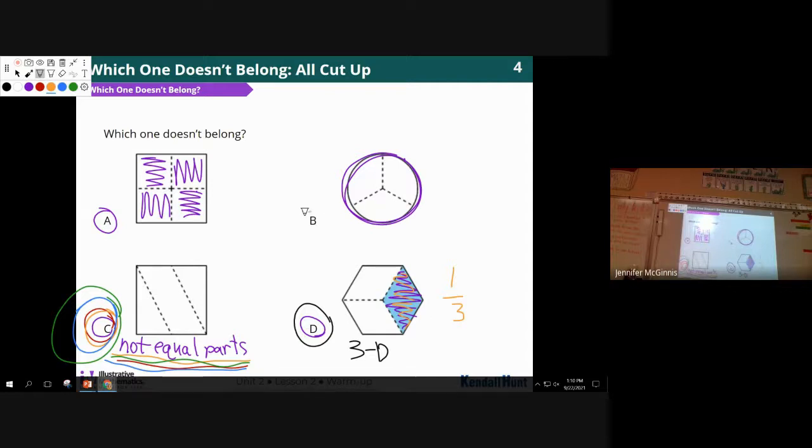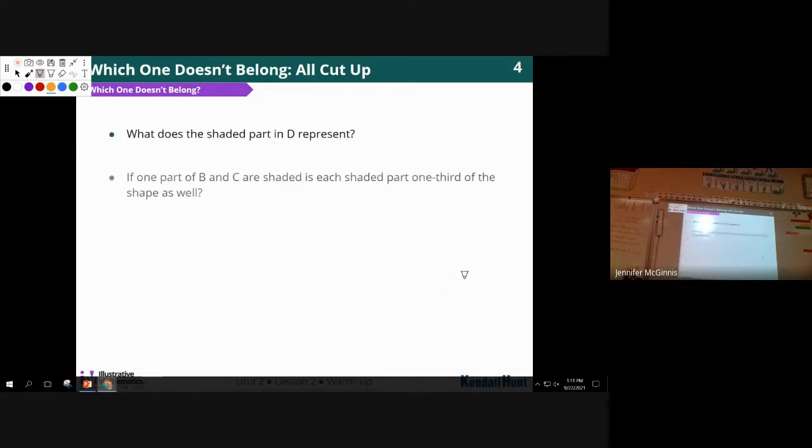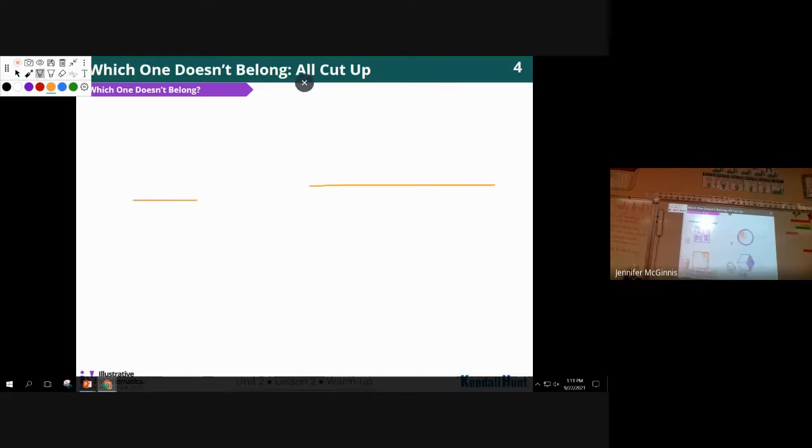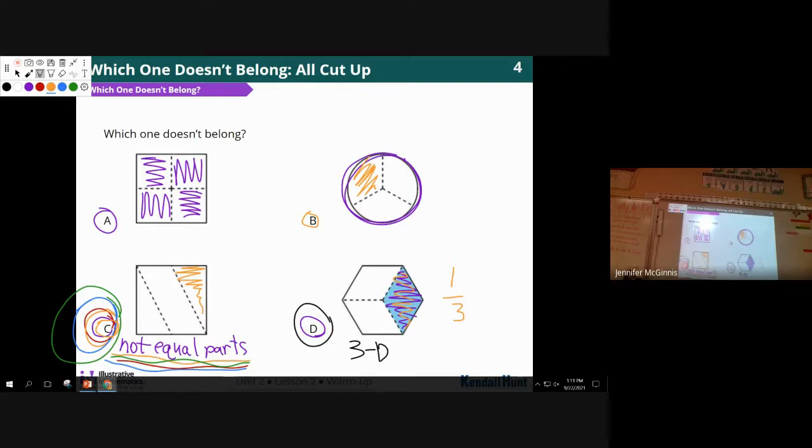So here's B, here's C. If one part of B is shaded and one part of C is shaded, is each shaded part 1/3 of the shape as well? What do you think? Nikki, what do you think? Yes, because there's three parts of it.